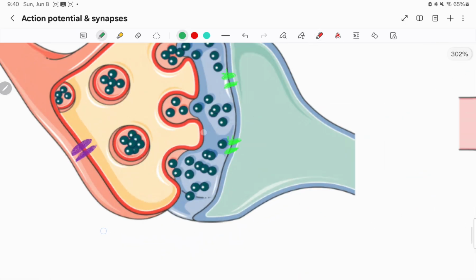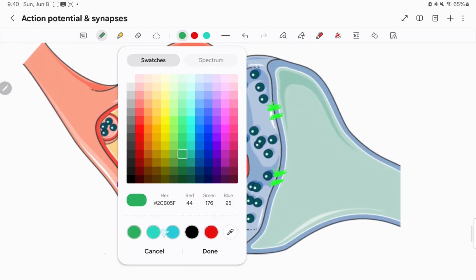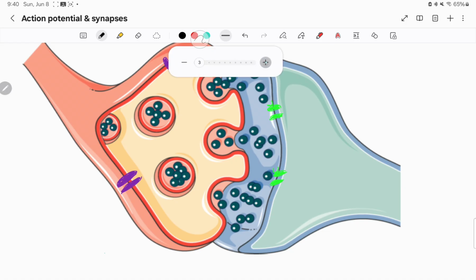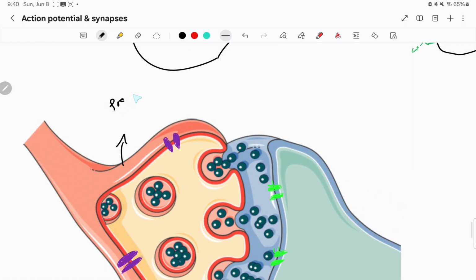Well, here is the, let's kind of increase our font. This right here is the presynaptic terminal, okay? Presynaptic terminal. These are the calcium channels, the calcium voltage-gated channels, right?